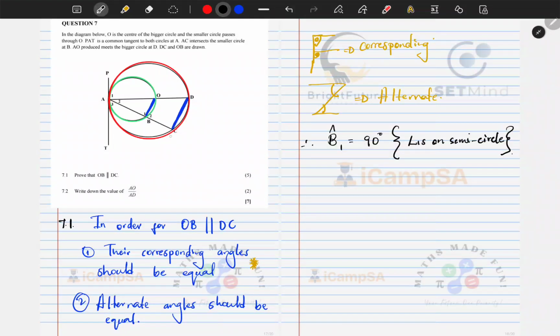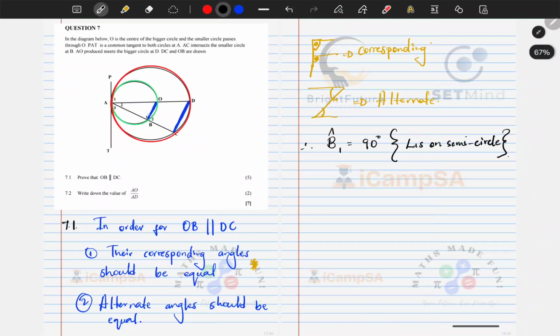And then when we look at the bigger circle, your angle C, this angle is going to be 90 degrees. Remember OD is a diameter, which means that it divides the bigger circle into two halves.